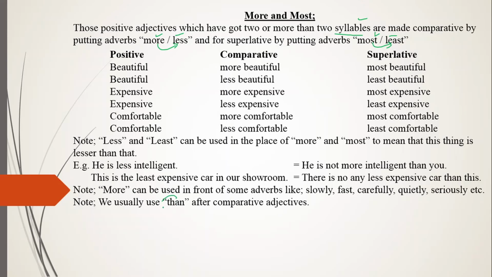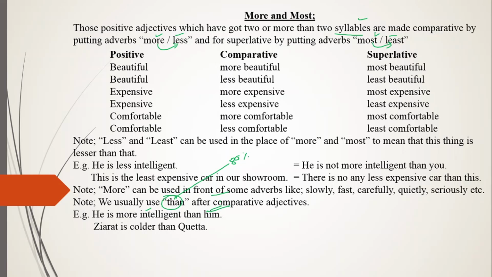Keep in your mind, usually means 80%, and 80% you will be using than in comparative degrees. An example is He is more intelligent than him, and Ziarat is colder than Quetta. So than is used in order to differentiate the both, that he is more intelligent than him, and Ziarat is colder than Quetta.